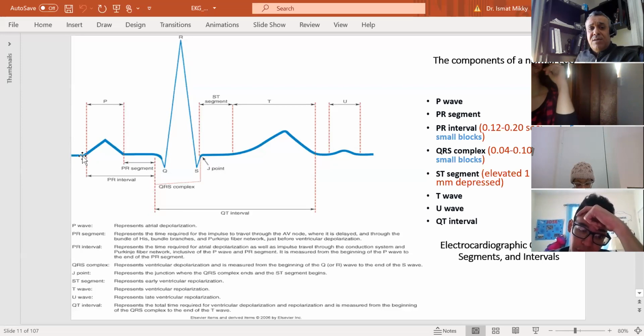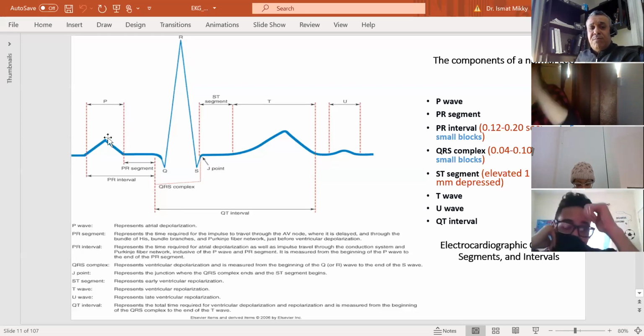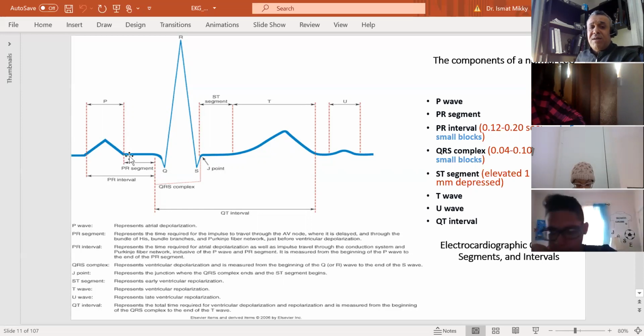So let's start back at the P wave. The P wave represents atrial depolarization, which is atrial contraction. Then we have the PR segment, not the PR interval. The segment is from the end of the P wave to the beginning of the Q wave, and that's the time required for the impulse to travel through the AV node.